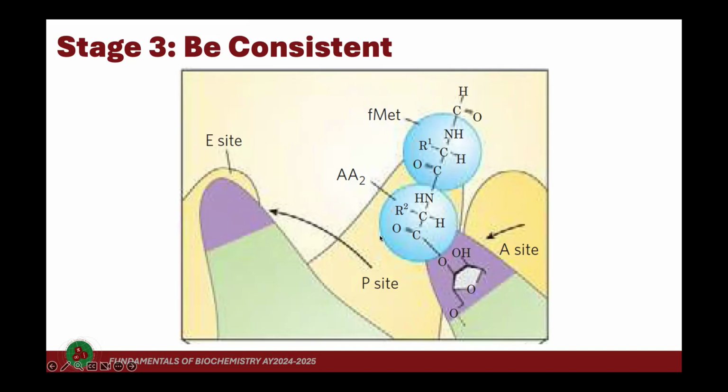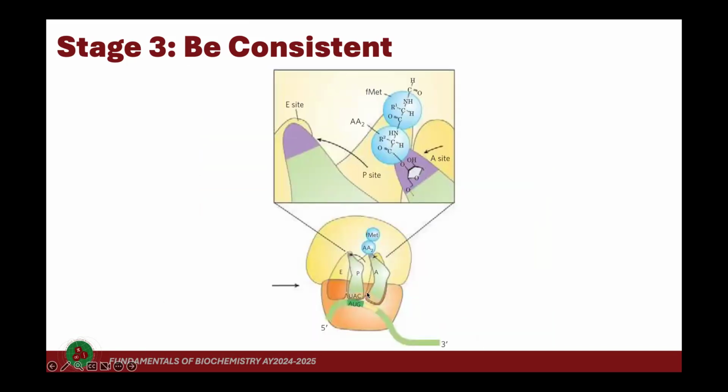site. Now, when this happens, the two tRNA molecules will change their structure a bit. So there's a so-called hybrid structure because part of your tRNA is still in their original sites, but another part of them has moved to the adjacent site.